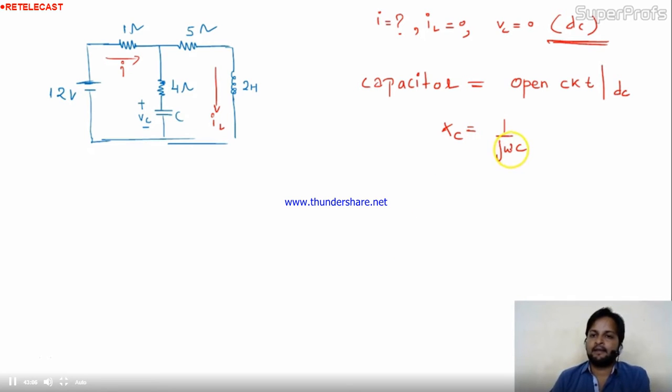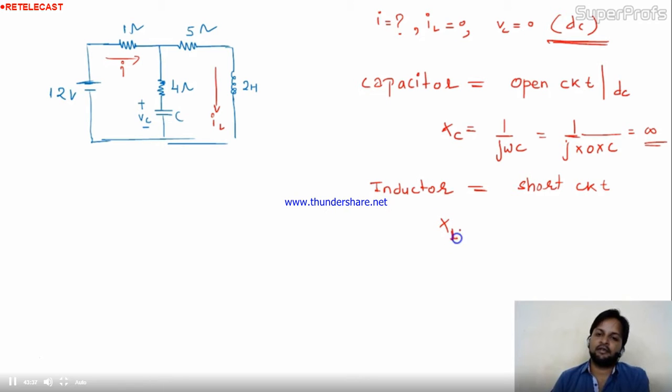So if this omega is 0, it will become infinity. Infinity means open circuit. For the inductor, for the DC situation, the inductor behaves as a short circuit. Why? Because the inductive reactance XL is nothing but j omega L. This is 0 ohm. This is infinity ohm.